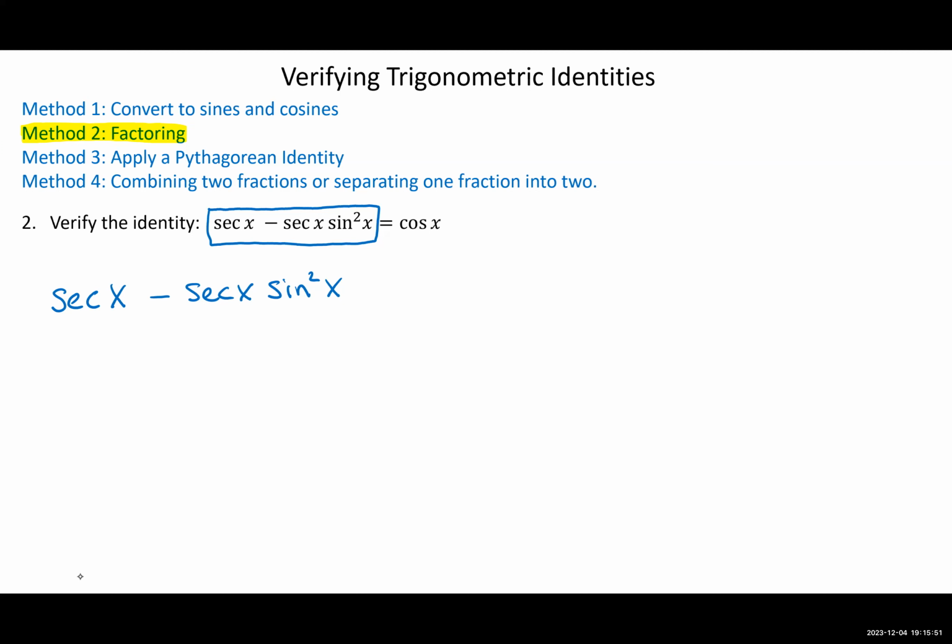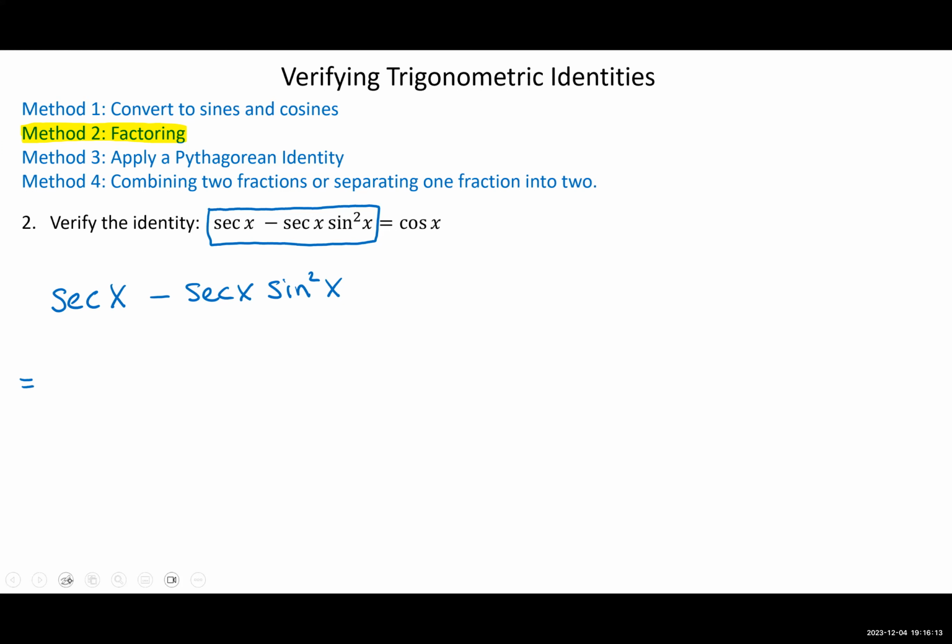It doesn't matter how you do it, as long as every step along the way, every change, every manipulation you make, you're not breaking a rule. If I do it in 5 steps and you do it in 7 steps, we're both 100% right. So I'm going to try factoring first.